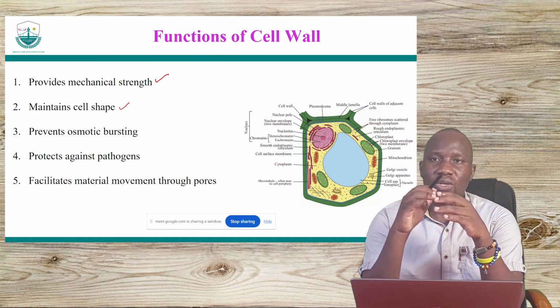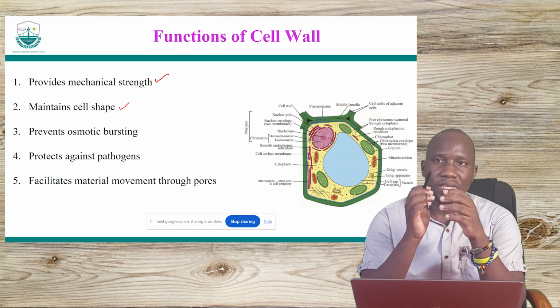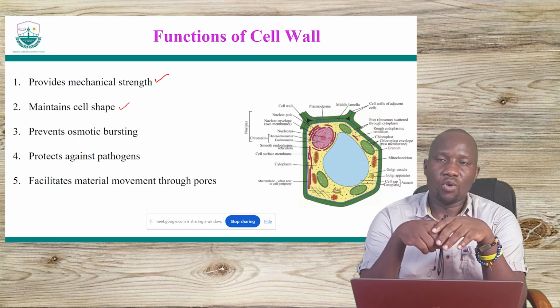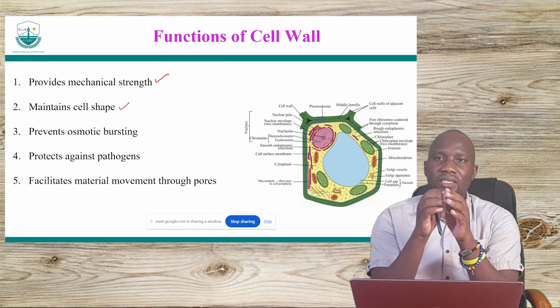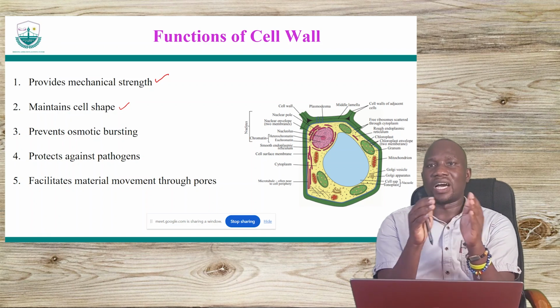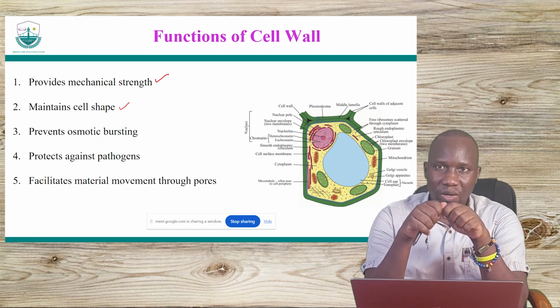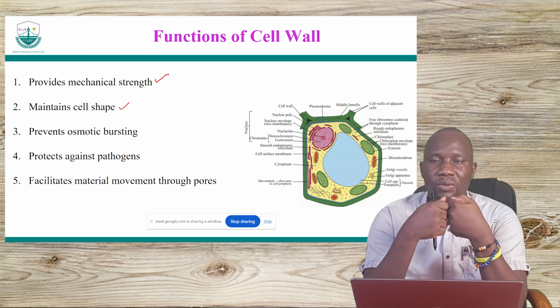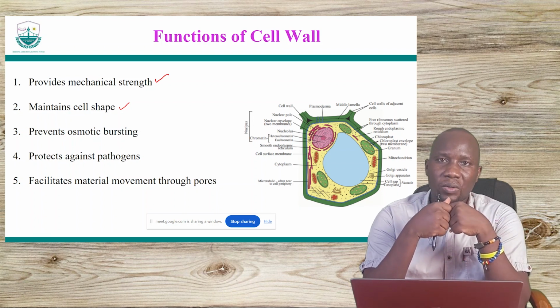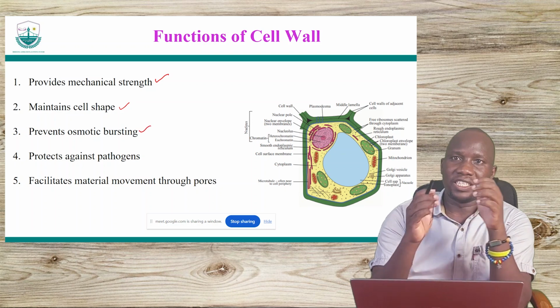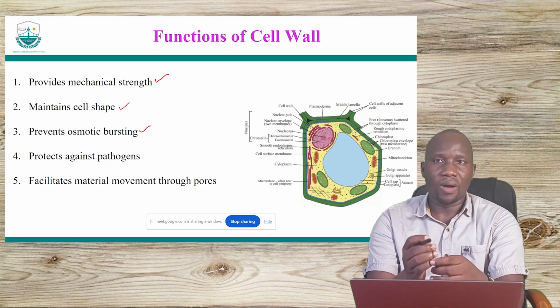The cell wall is actually very tough. This means that when a lot of water enters the cell, it can swell, yes, but it cannot burst because the cell wall is tough because of the components that we have talked about, the cellulose, the pectin, and others. They play an important role in maintaining that integrity so that the cell doesn't burst.